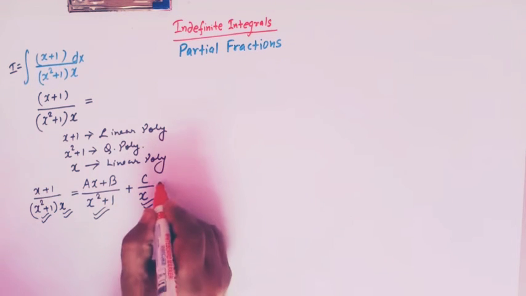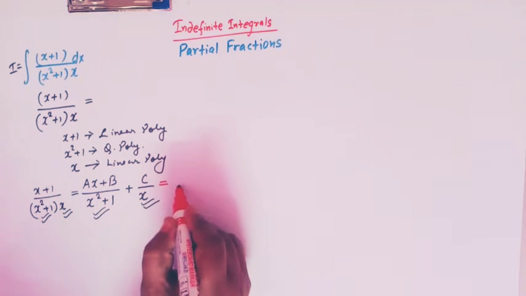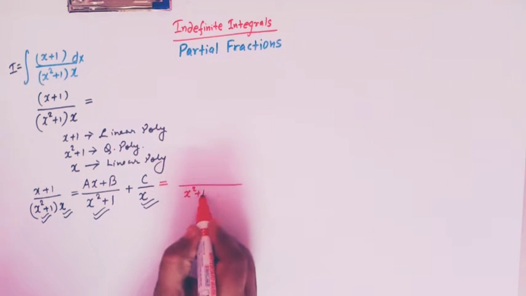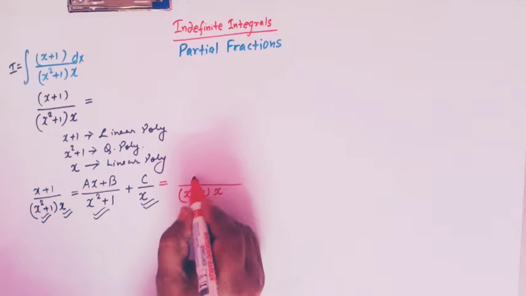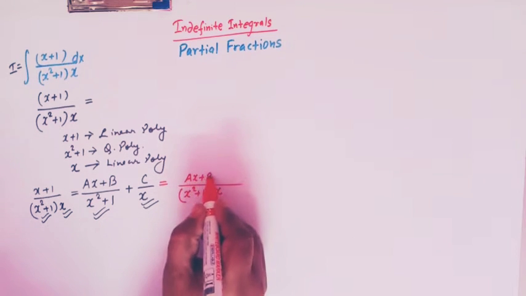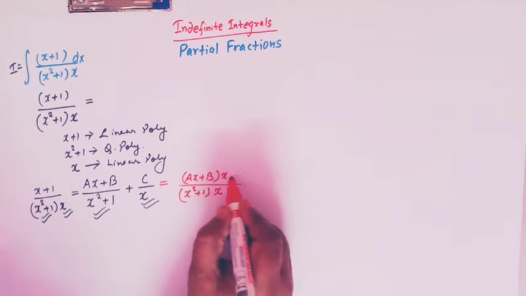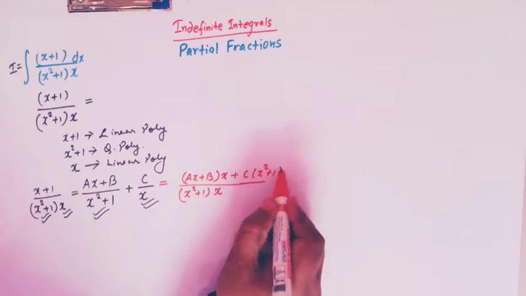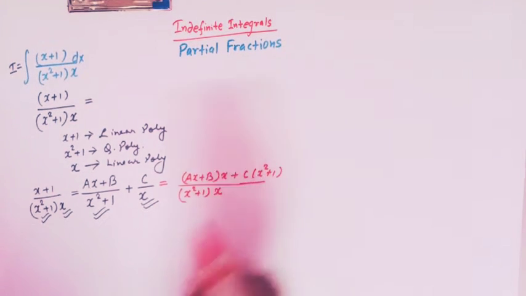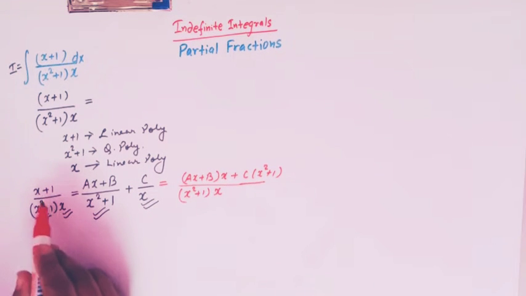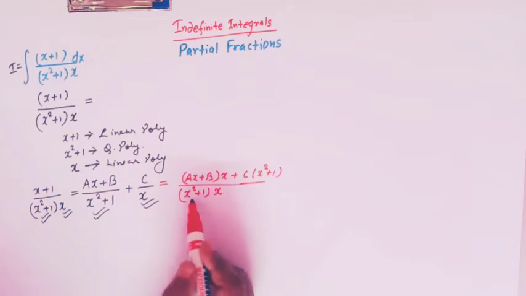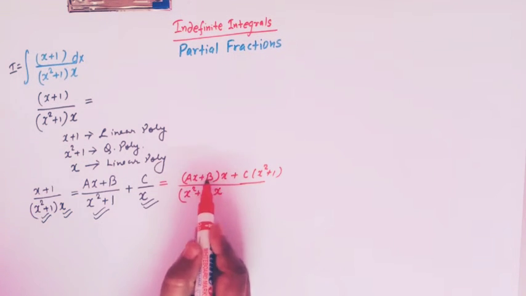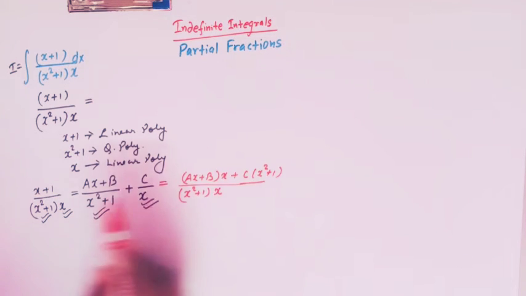Now for this we will take the LCM, and we have (x squared plus 1) x, and here we have (ax plus b) x plus c times (x squared plus 1). Now the denominators are the same on both sides, so we can compare the numerators.